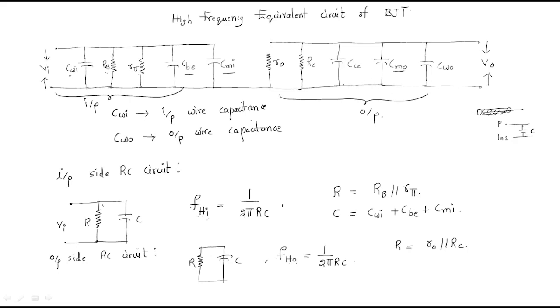In capacitance, these three capacitances are also parallelly connected. Whenever three capacitances are parallelly connected, the total capacitance will be added. That's why for C I can write CCE plus CMO plus CWO. So these are the input side and output side frequencies. But in this, which frequency do we have to take?